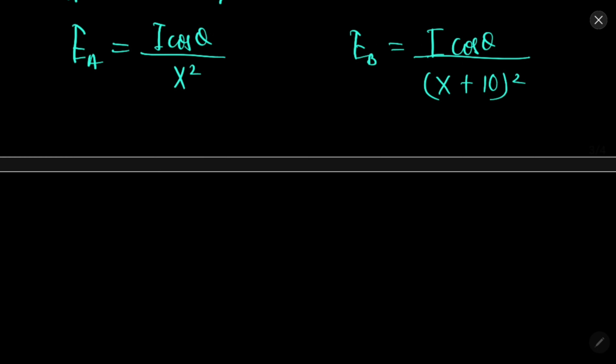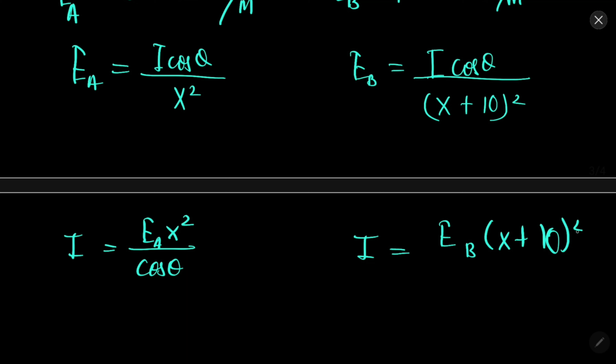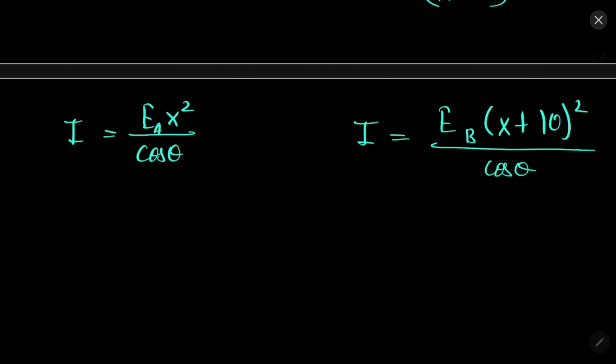So now I will be EA x square over cos theta, and I equal to EB x plus 10 whole square over cos theta. So we can equate the two equations. Cos theta will get cancelled out.